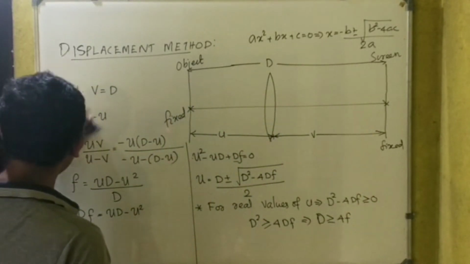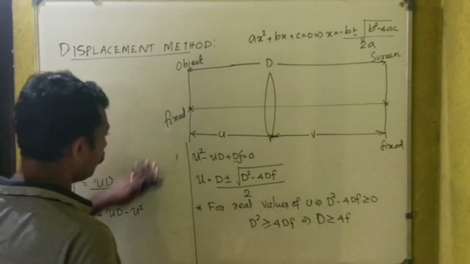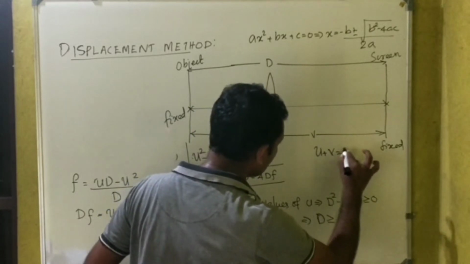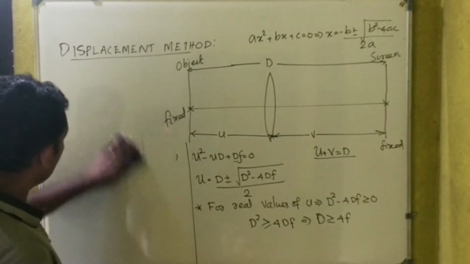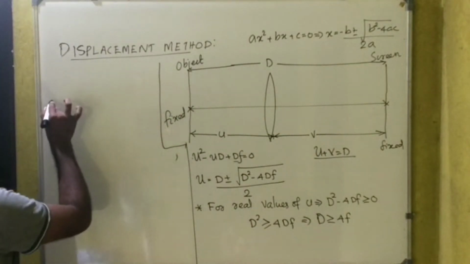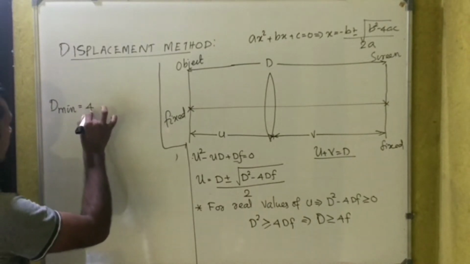Now I'm just wiping off this part. We require it later, but for the moment. So first of all, understand that u plus v is equal to D. That is important. So from here, I am getting D minimum is equal to 4f.